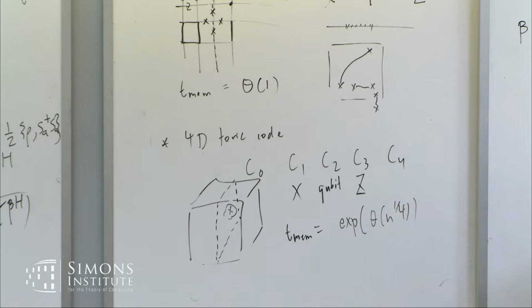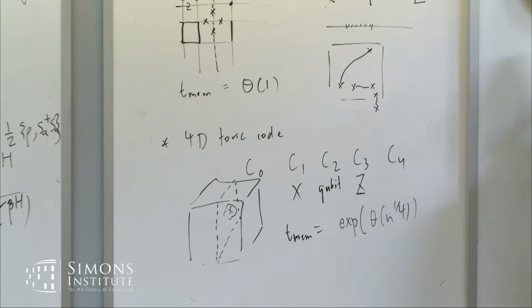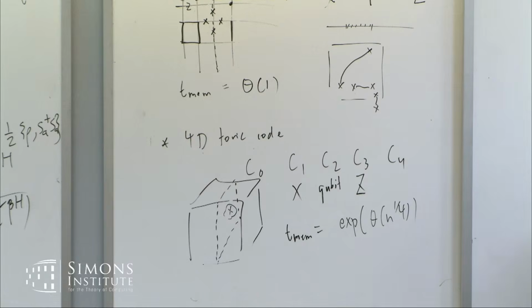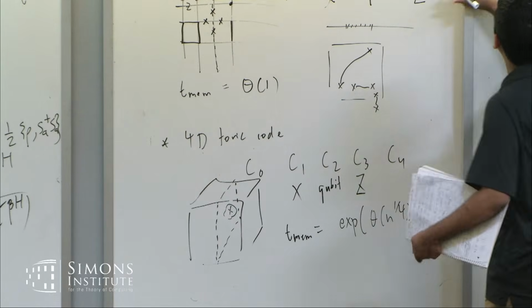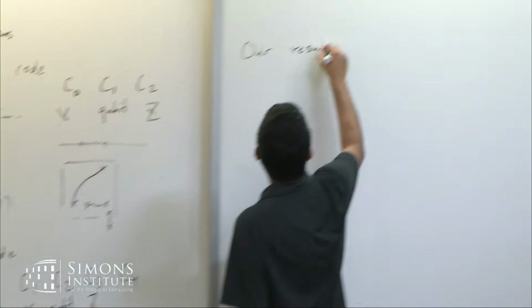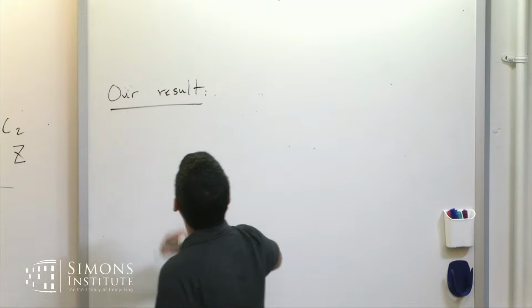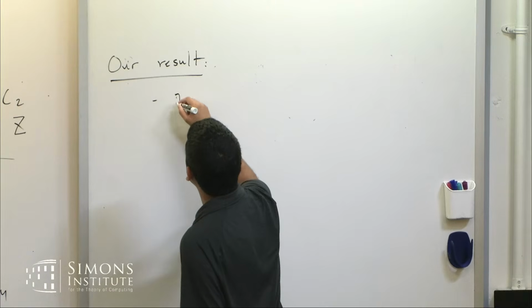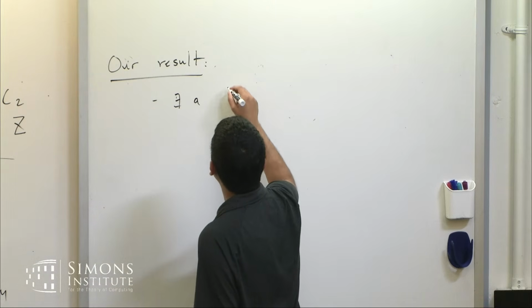Okay. So then our result is that there exists a self-correcting quantum memory in 3 dimensions.